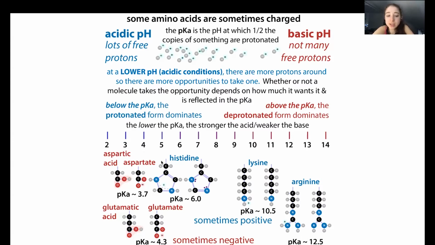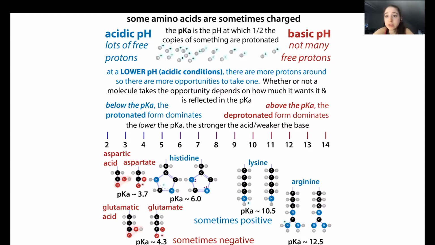But if it's 3 above the pKa, that's 10 times 10 times 10, so you're going to have 1,000-fold more of the deprotonated form than the protonated form. So you're only going to have like 99.9% in the deprotonated form, if I did that math right in my head. So basically, it's almost always going to be deprotonated.